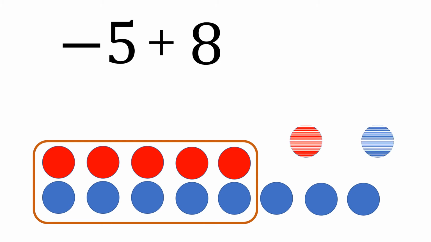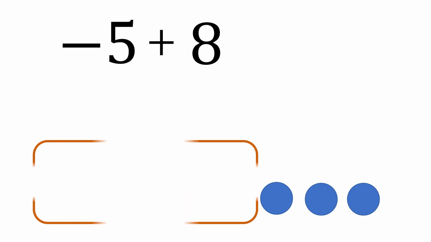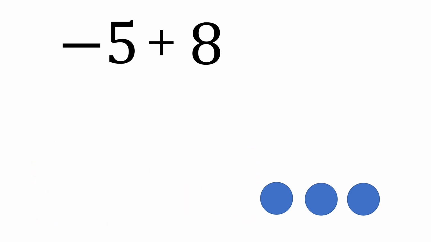So for every pair of opposite signs, when we combine them, it will result to 0, or that means it will just simply disappear. So let us combine these pairs, and so it's gone. So how much was left? So we have 3 positives. That means the sum of negative 5 and positive 8 is equal to positive 3.